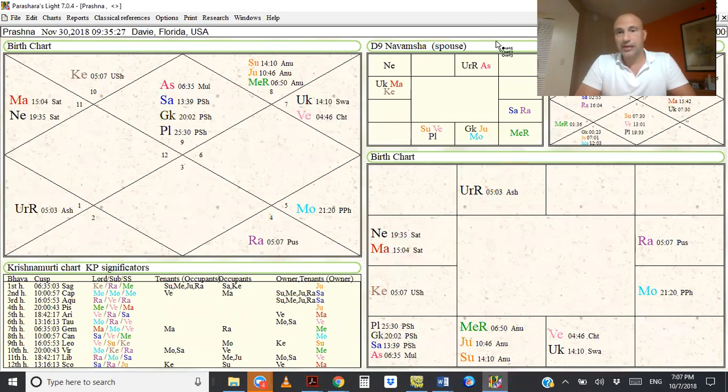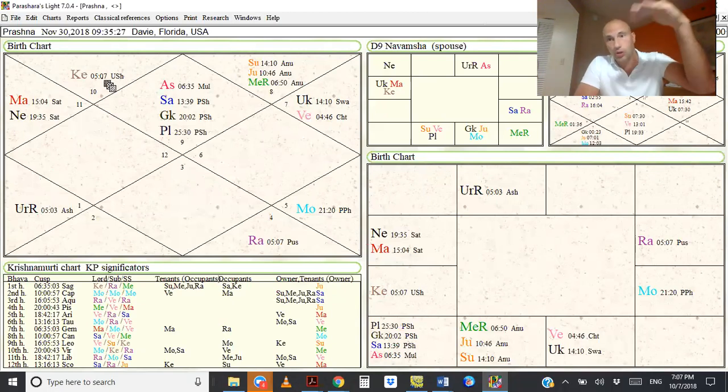Now let's look at technique number two. For this technique, you want to find the Atmakaraka. Okay. The Atmakaraka is the planet that has the highest degree. But we're also considering Rahu Ketu here. So for Rahu Ketu, the lower the degree, the higher it is, because Rahu moves backwards.